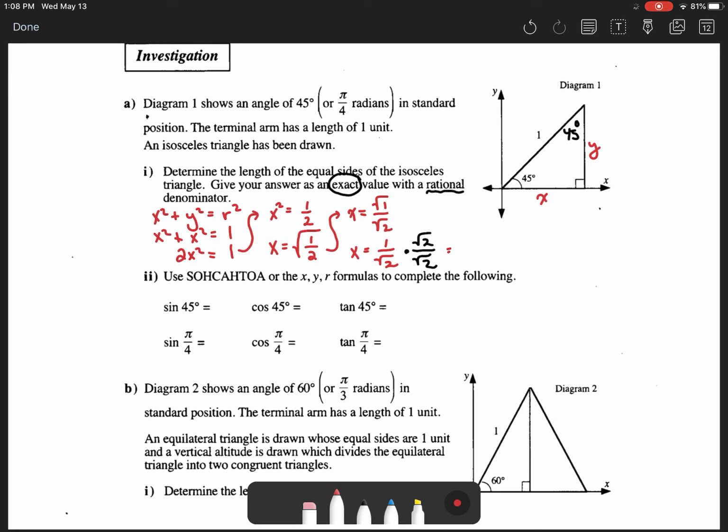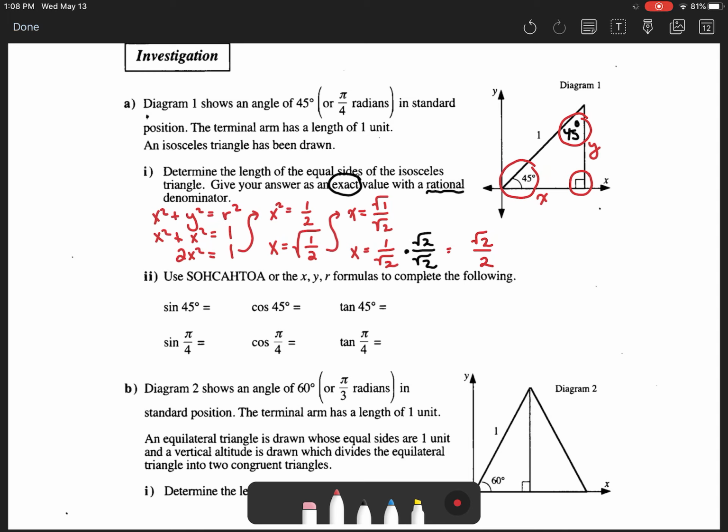Okay, and when I do that, I get a value of root 2 over 2. And there is your side lengths. Okay, so both x and y in that question are root 2 over 2. Okay, so what we're learning here is that when I have a 45-degree reference angle, a 45, 45, 90 triangle, the x and y dimensions are going to be root 2 over 2, and the radius would be 1.